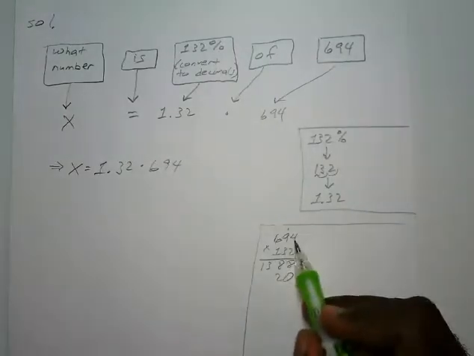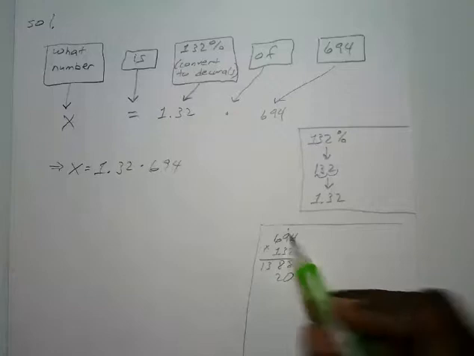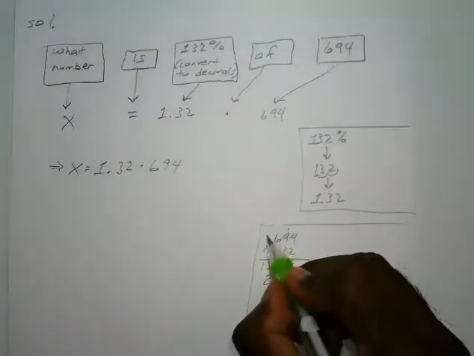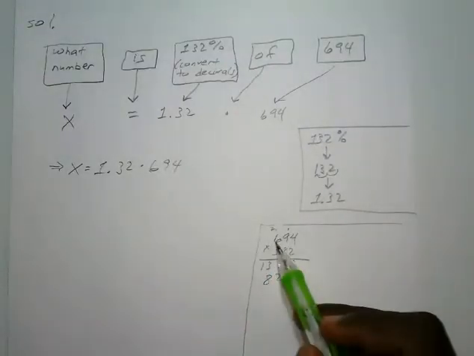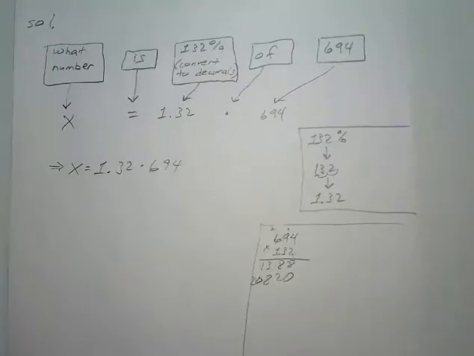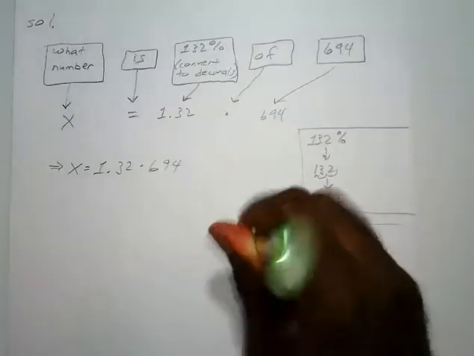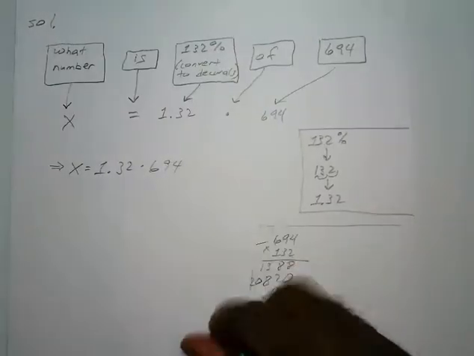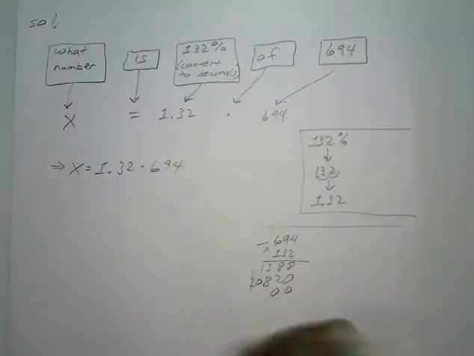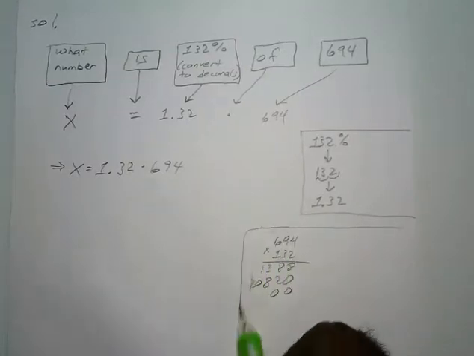Okay, 3 times 4 is 12, 2 carry 1, 3 times 9 is 27, plus 1 is 28. 3 times 6 is 18, plus 2 is 20. Okay, so we can erase those carryovers and bring down our 2 zeros. Probably should have given that a little more space. There we go.